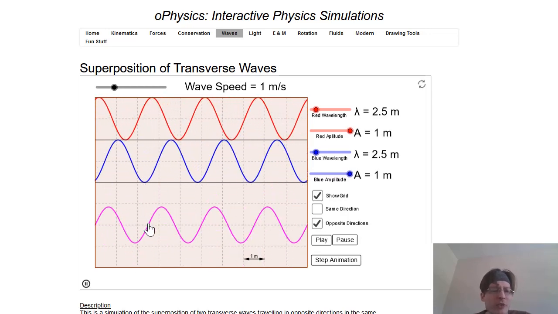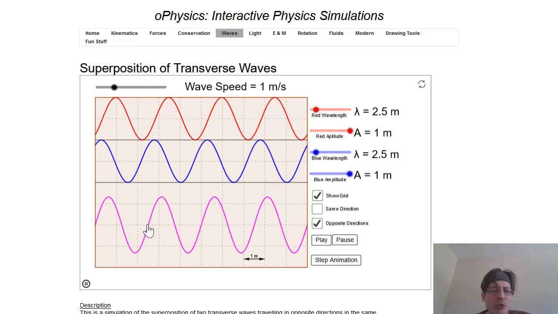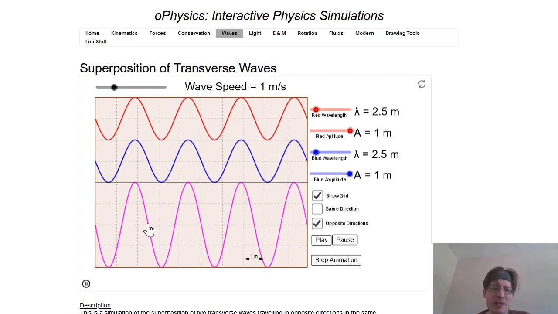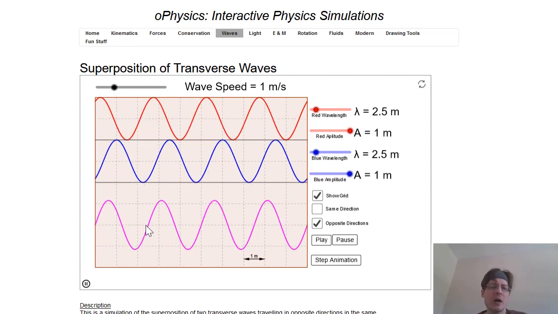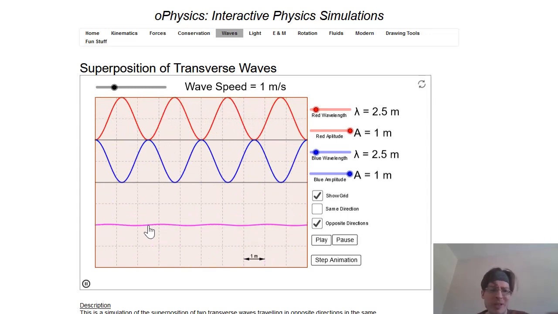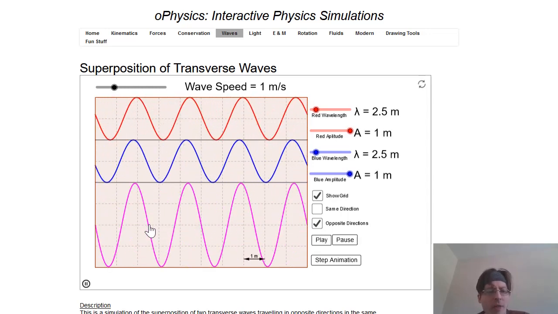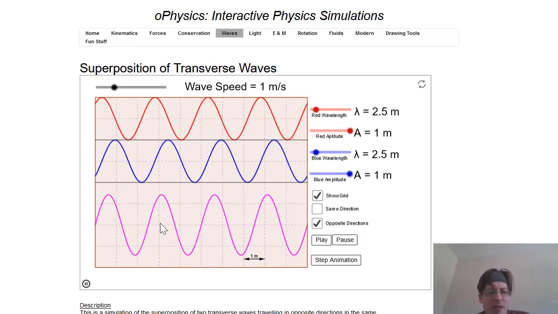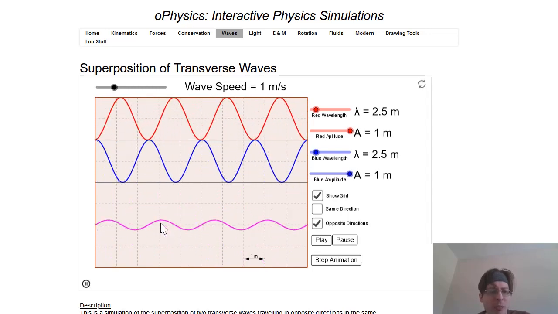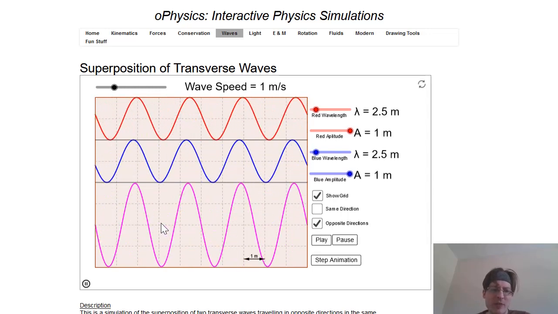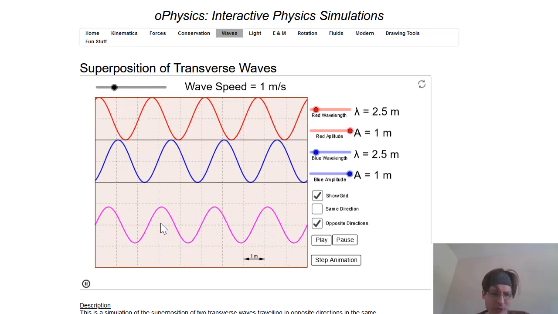We call those places where the amplitude stays 0 nodes, N-O-D-E. You can think of it like they're no displacement. On the other hand, like this point right here, where the cursor is, that's a place of maximum displacement. In fact, the amplitude is 2A at those places.